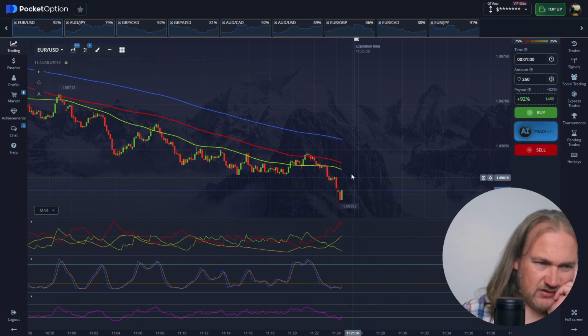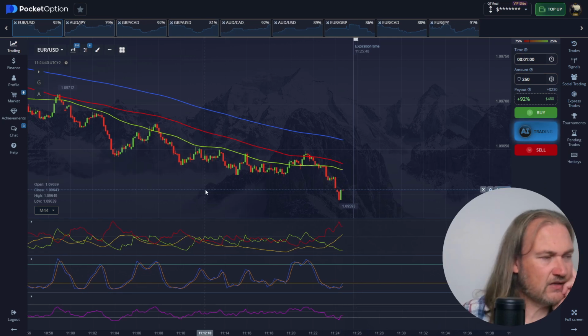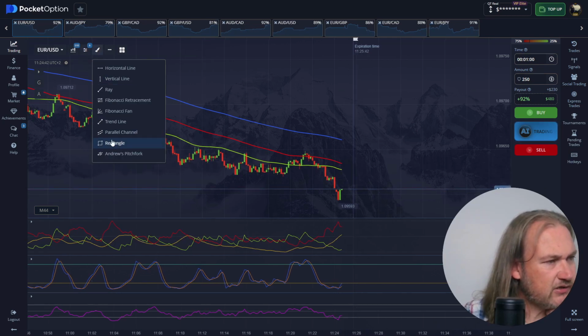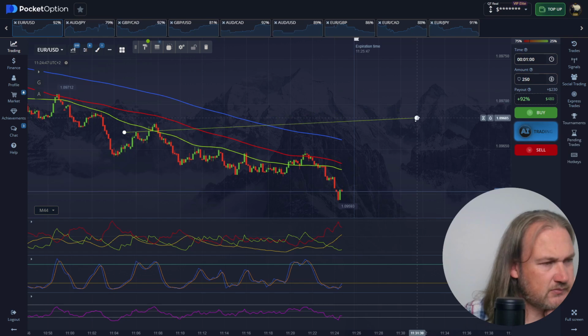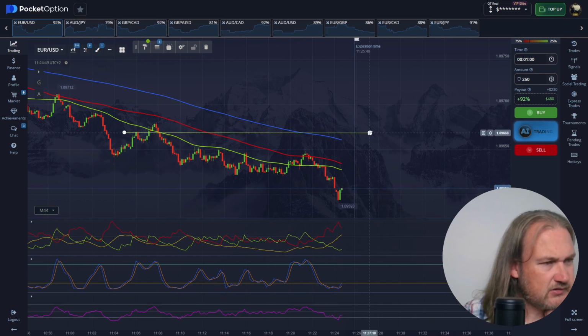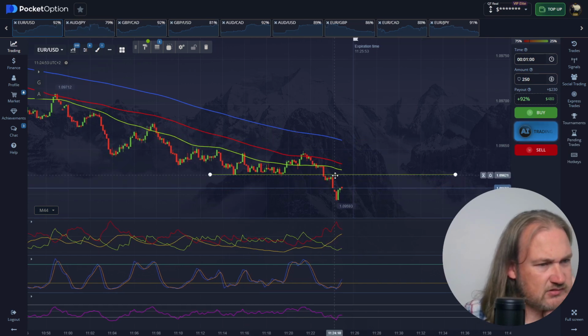What I would like now is a retrace to this area, and then we'll probably have a retrace to retest this area.